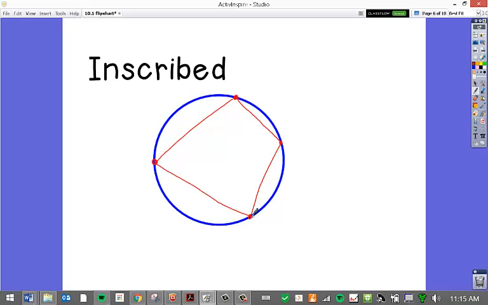An example of an inscribed polygon, all of the vertices lie on the circle. So you can have inscribed triangles, inscribed quadrilaterals, inscribed pentagons, hexagons, any type of polygon can be inscribed in a circle as long as all of its vertices lie on that circle.